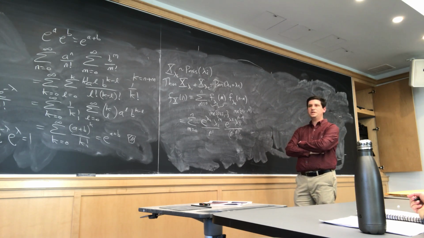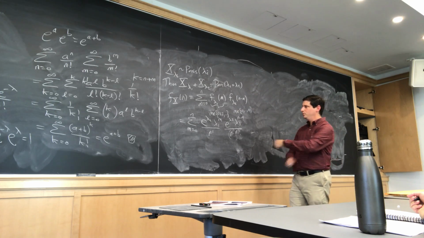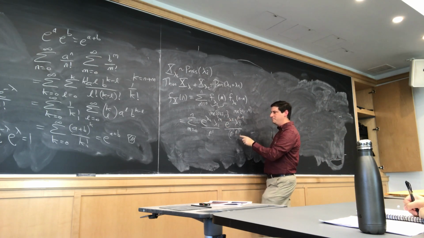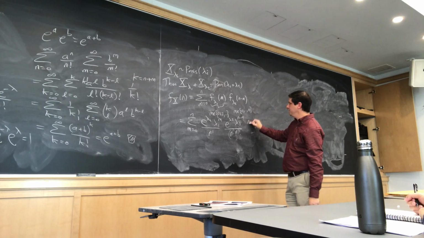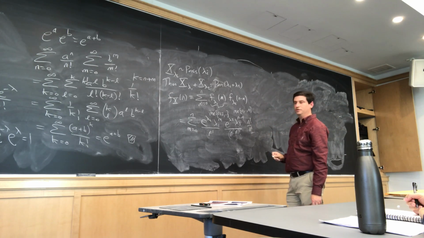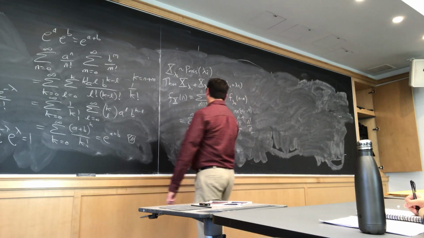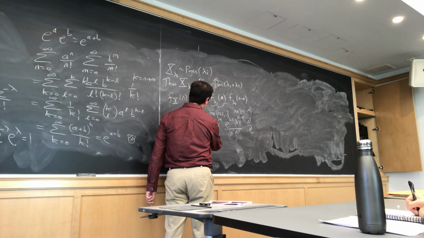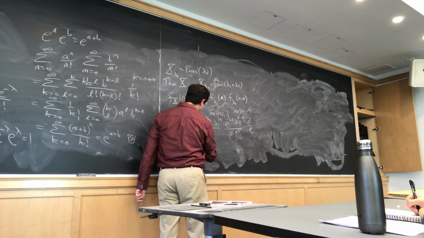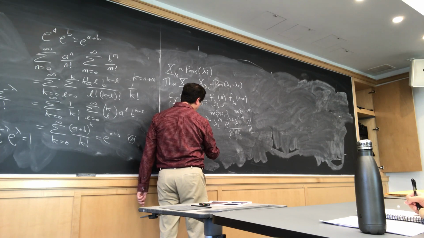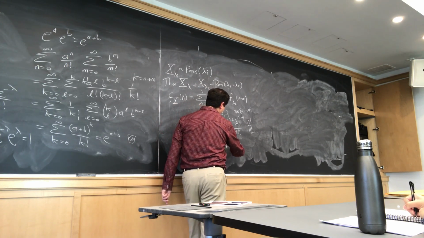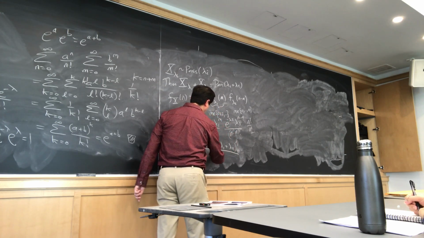And this is almost the same calculation we did a moment ago. We have lambda 1 to the m, lambda 2 to the n minus m, over m factorial and n minus m factorial. I want to multiply this by n factorial over n factorial. And I will get e to the, oh, so these should have negative signs. E to the negative lambda 1 plus lambda 2, lambda 1 plus lambda 2 to the n over n factorial.